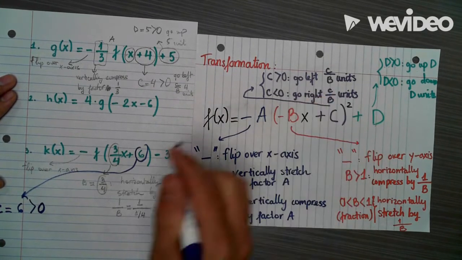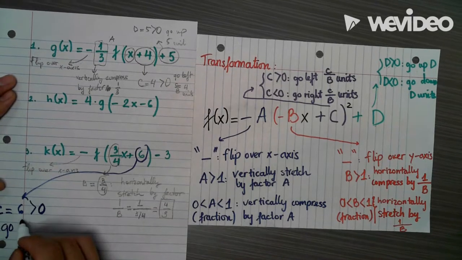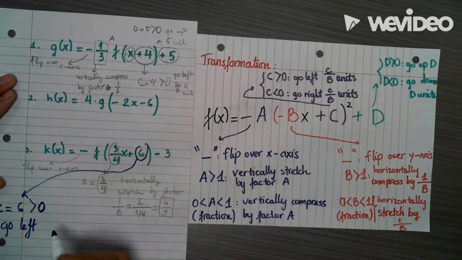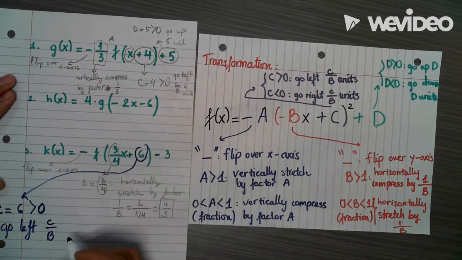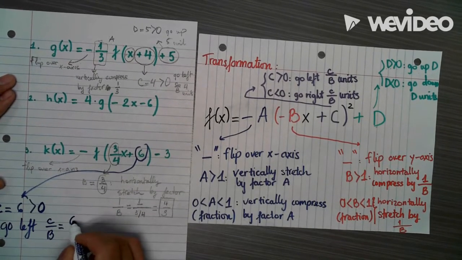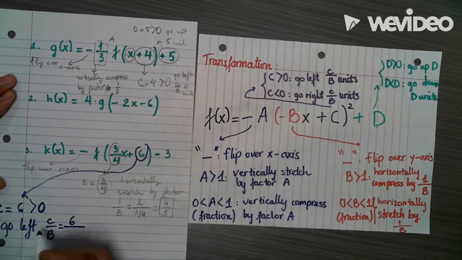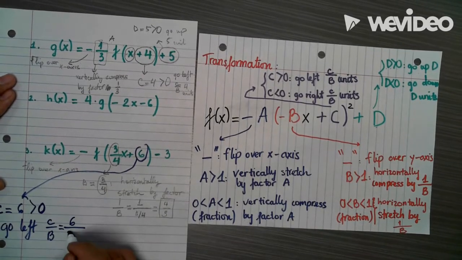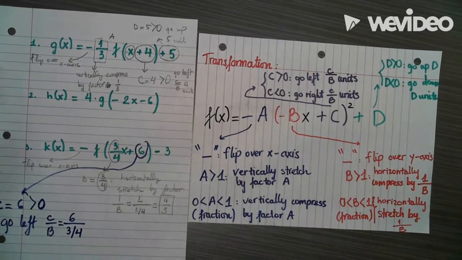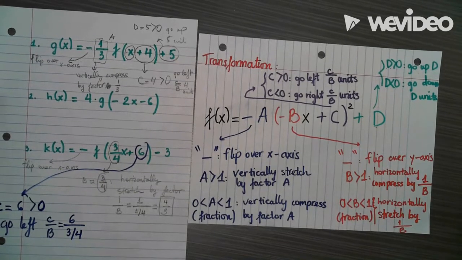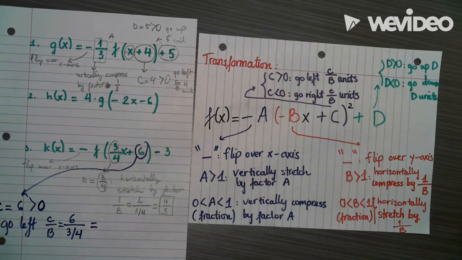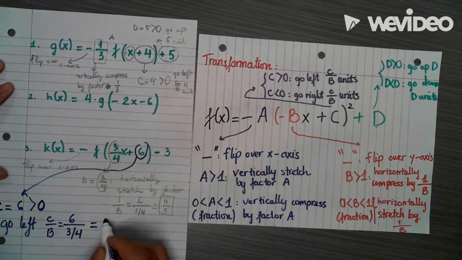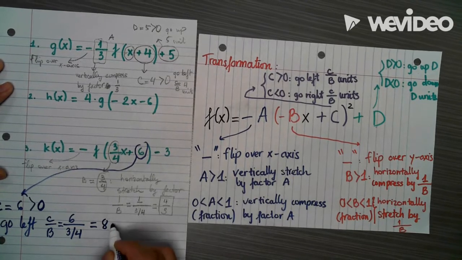So we just say it goes left. Go left C over B units. What is my C? C is 6. My B is what? B is 3/4, right? So this would be 24 divided by 3, which is 8, right? So go left 8 units.